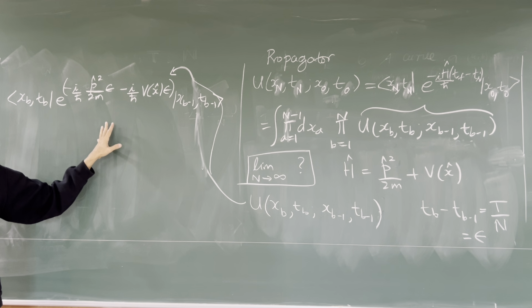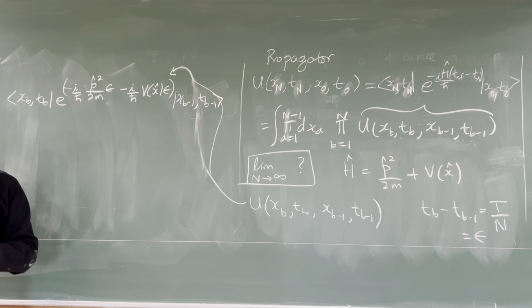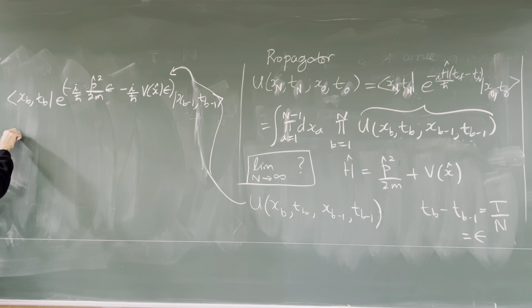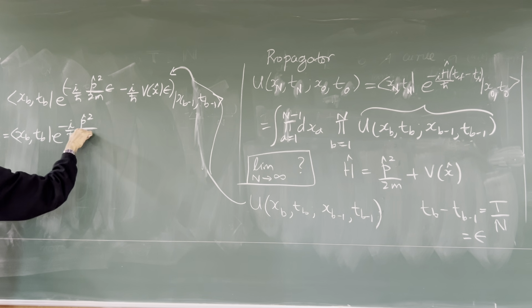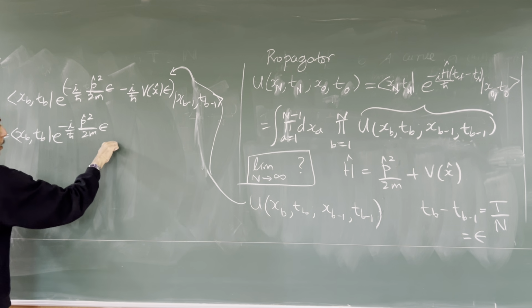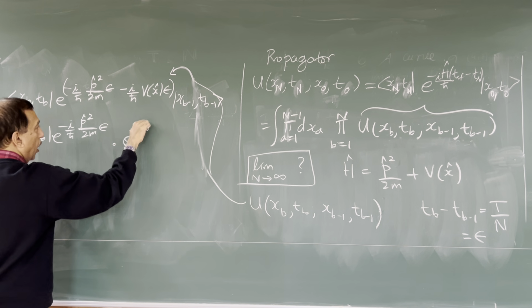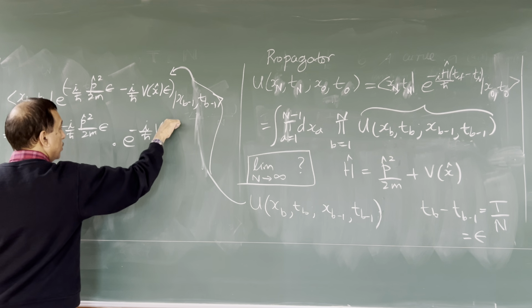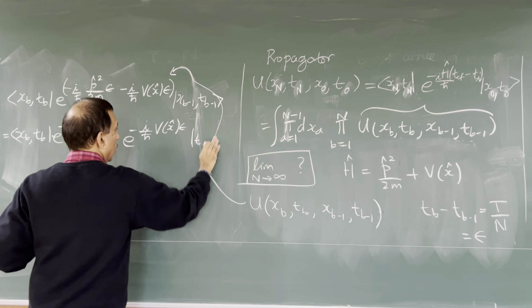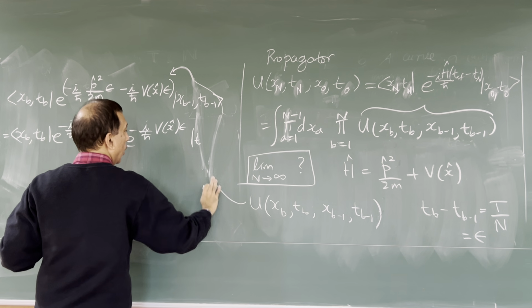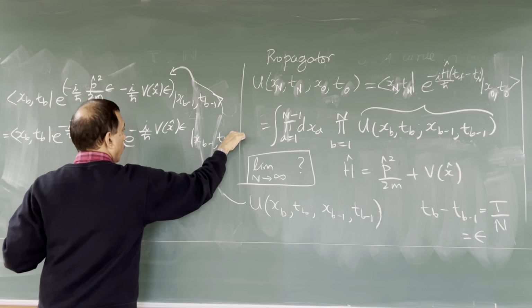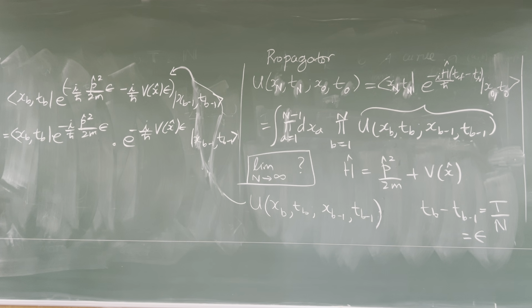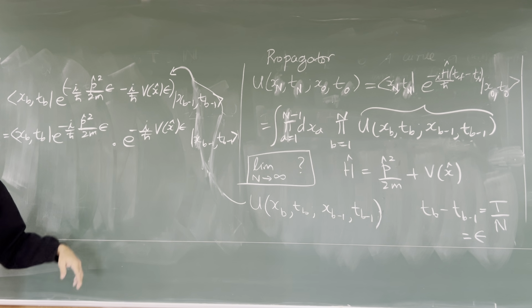Now for the first time I'll use the infinitesimal nature of epsilon to write this as xb tb e to the minus i by h bar p squared by 2m epsilon times e to the minus i by h bar v of x epsilon, and then my original. Okay. Is it correct to go from this to this?